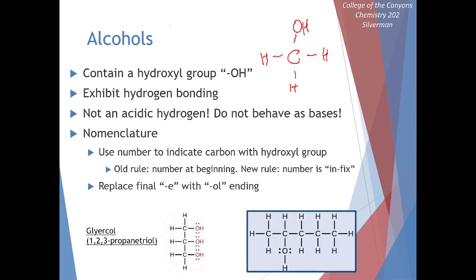This would be, well, the root name for one carbon is meth. Instead of methane, we're going to call this methanol, that OL ending denoting that we have an alcohol.